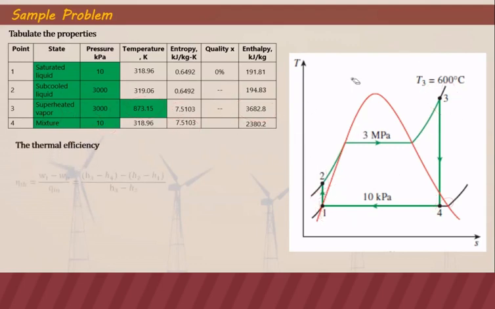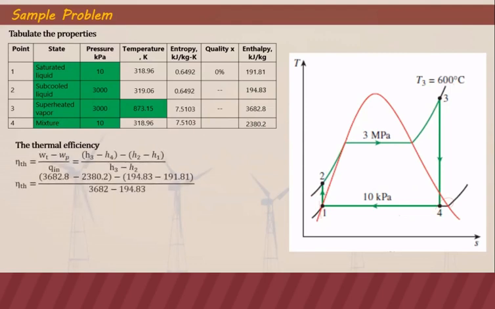Just substitute into the same formula for thermal efficiency as the previous problem. Our thermal efficiency has increased from 33.4% to 37.27%. As you can see, superheating the vapor will increase the thermal efficiency.